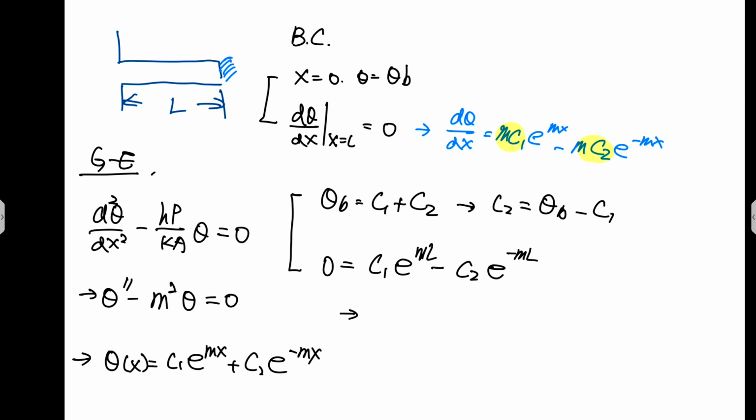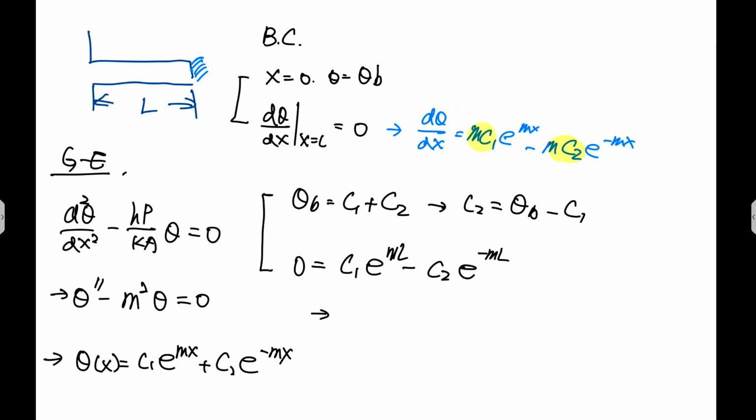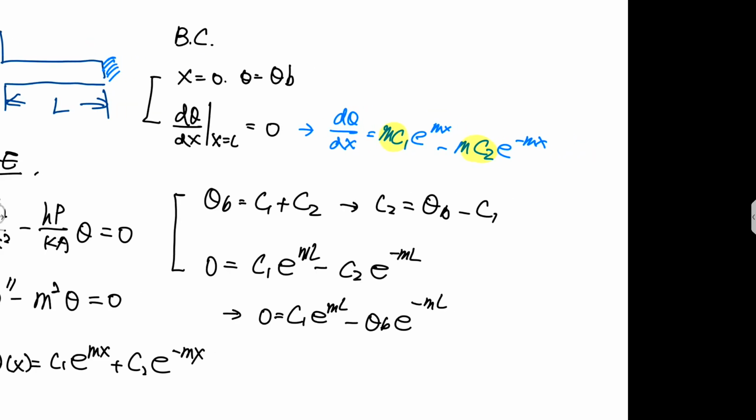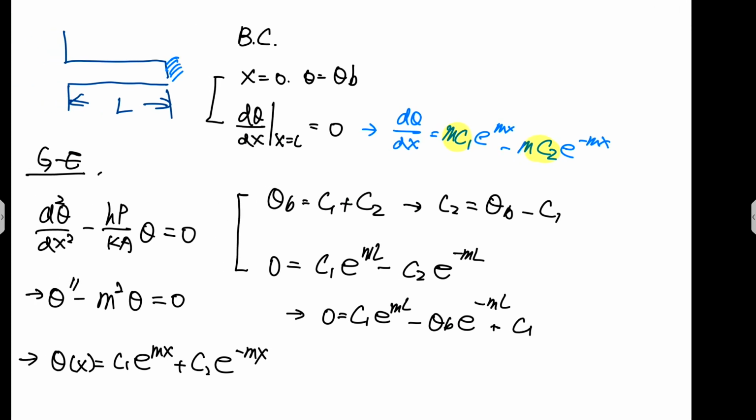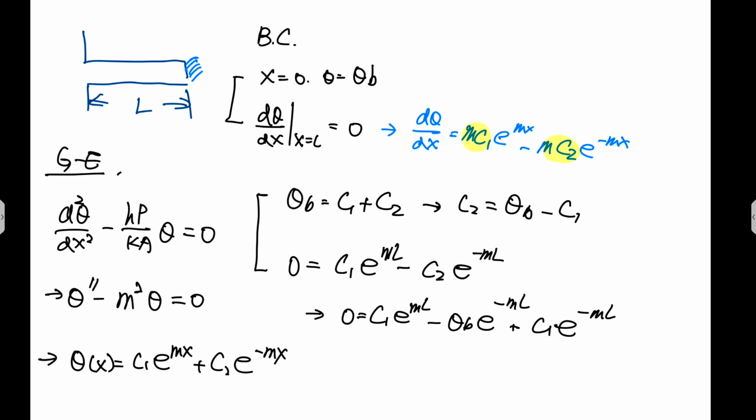And then if I put it into the latter equation, 0 equals C1 e to the ml minus theta b e to the minus ml plus C1 e to the minus ml, which gives C1 times (e to the ml plus e to the minus ml) equals theta b e to the minus ml.